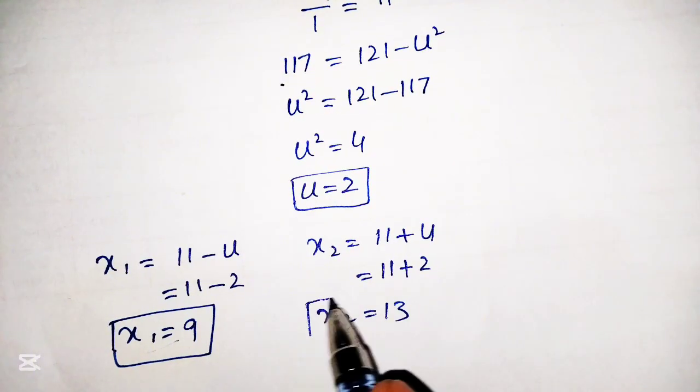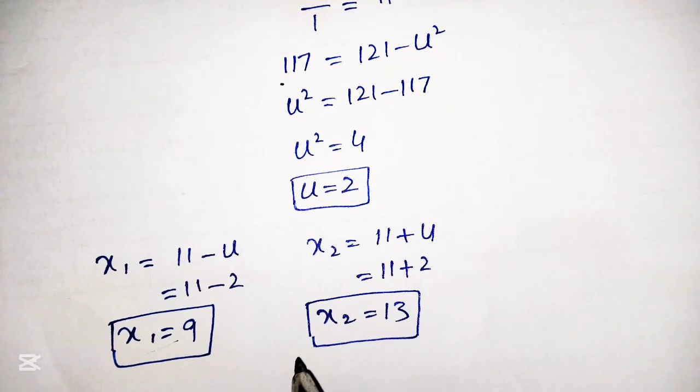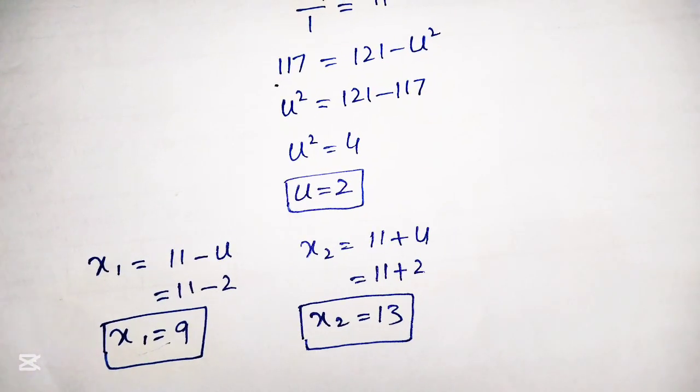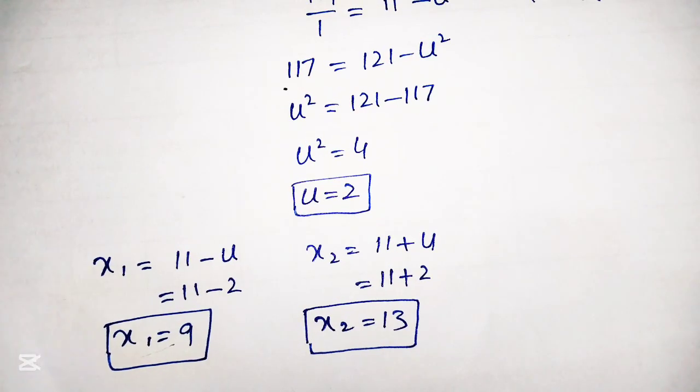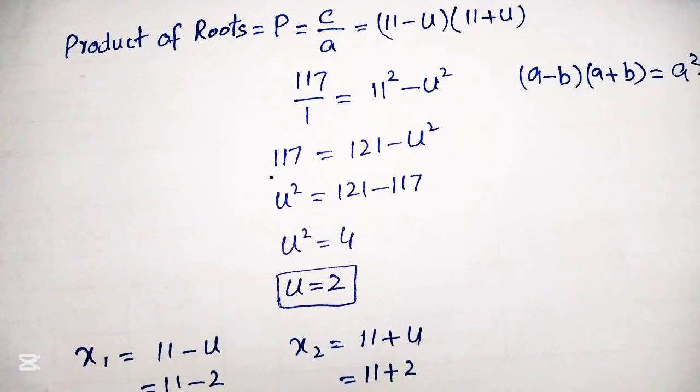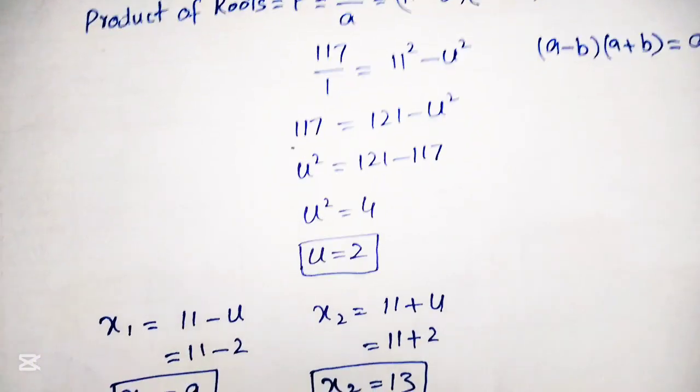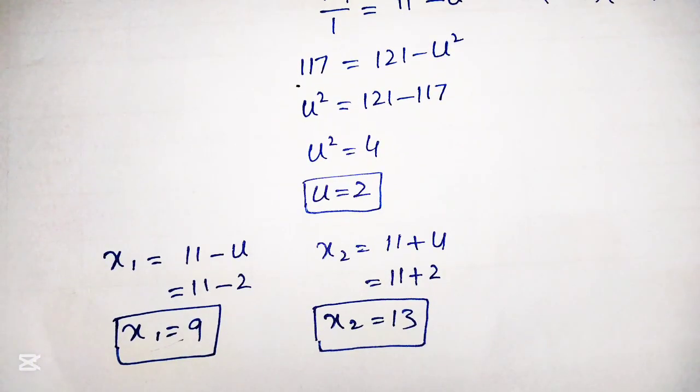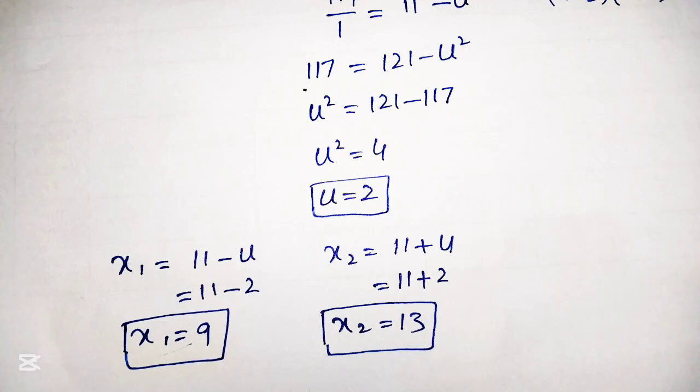So these are the two roots of the given equation, which we find very easily without using the quadratic formula, factorization or completing the square. These are also valid roots of this given equation, and this is the beauty of this method, that it works for each and every type of quadratic equation. So let's take another example to find the roots by using this method.